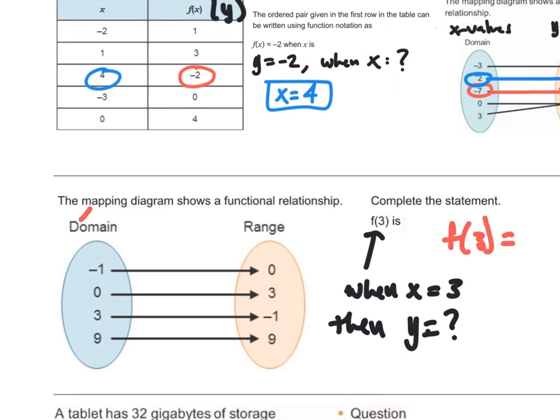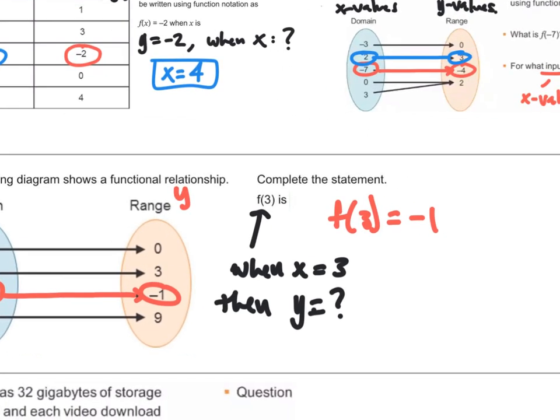Remember, domain is my x values, range is your y values. So when x is 3, what's our y value? And that's going to be negative 1. So f of 3 is equal to negative 1. All that really does is correspond to a point, 3, negative 1. They all mean the same thing, just a different way of writing it.